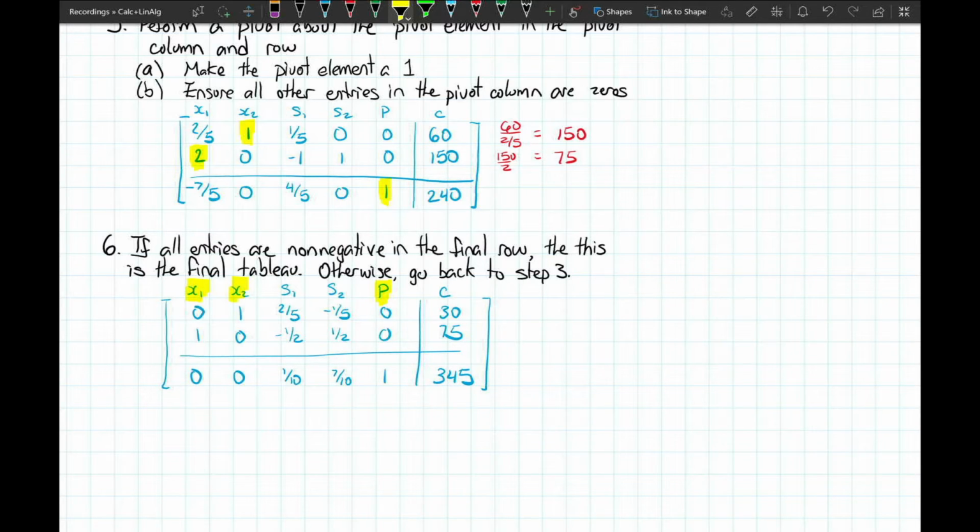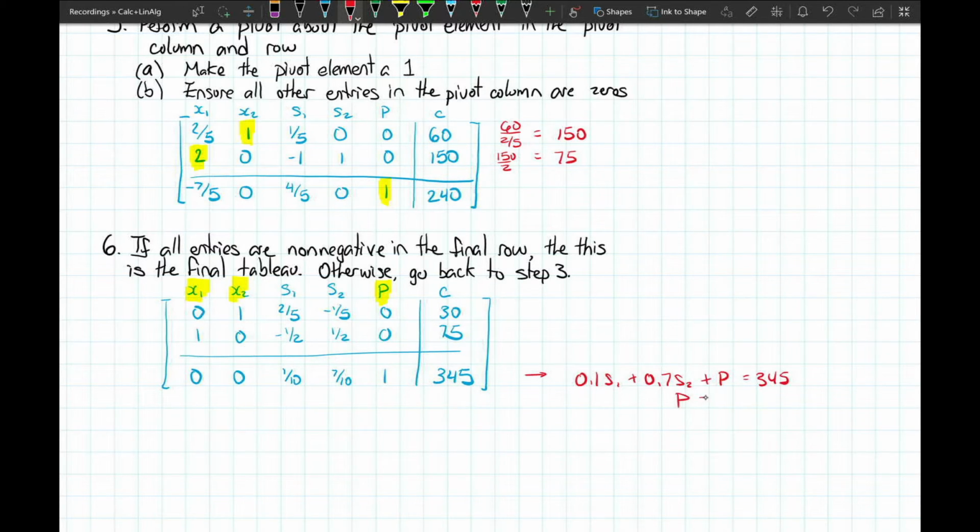And notice as well that our choice of where we're pivoting is always going to leave P as a pivot column. There's always going to be a 1 there, and that's great because the corresponding equation here, if you want to change this to maybe a decimal, in this last row, we've got 0.1 times the first slack variable plus 0.7 times the second slack variable plus P equals 345.